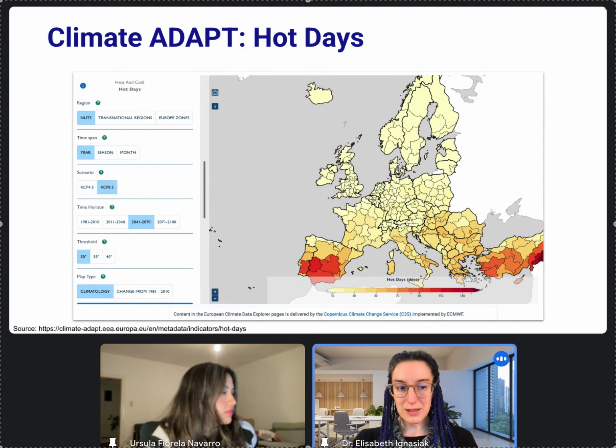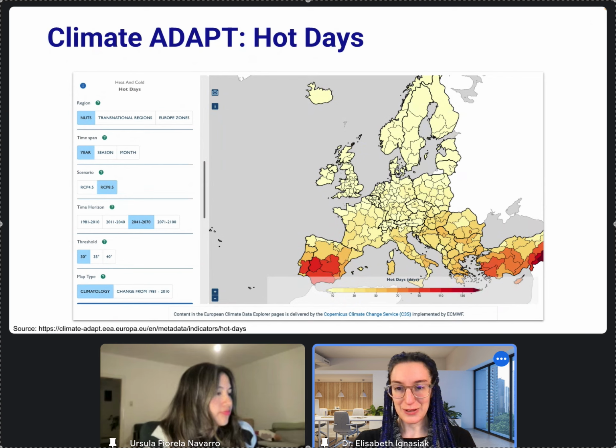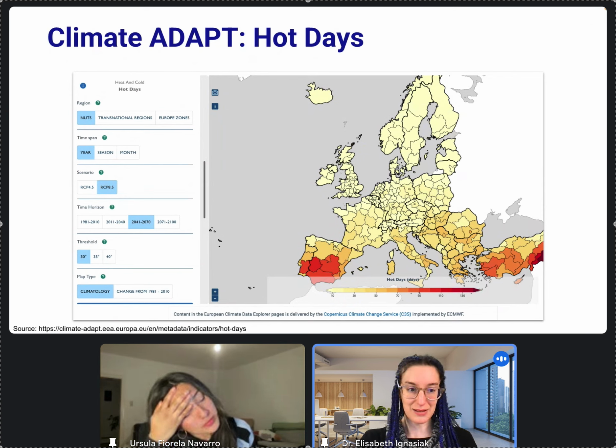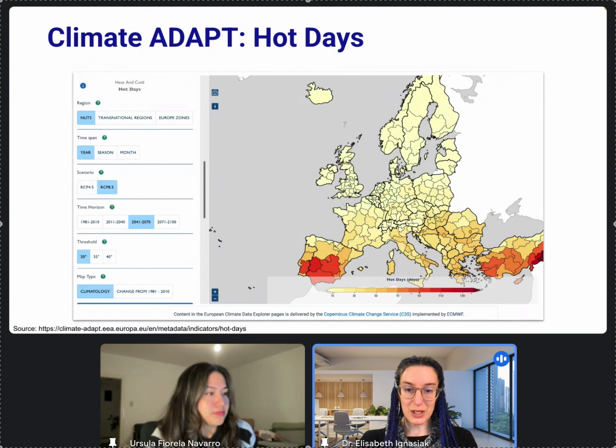So this is part of what a climate analysis in detail could look like. Obviously, if you're, in this case, working in Spain, you might be more affected by hot days and the resulting effects than maybe in Scandinavia. So this is one example of what this climate risk analysis could look like.